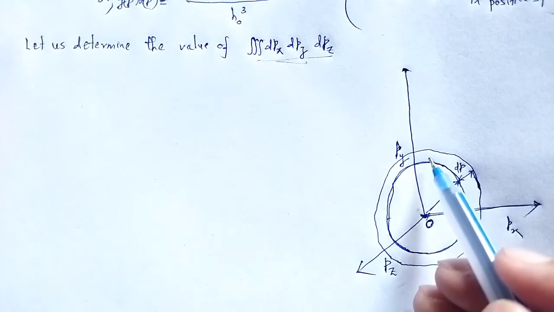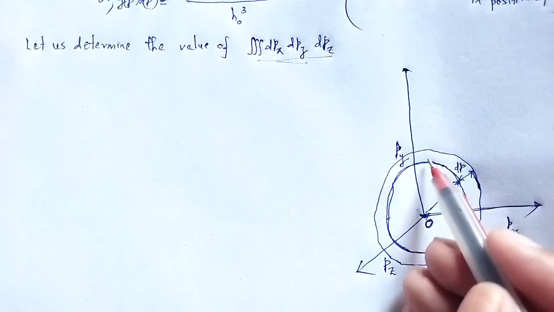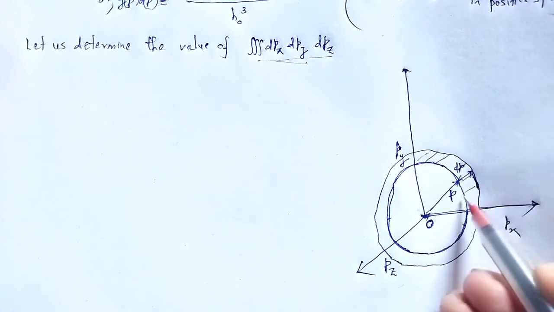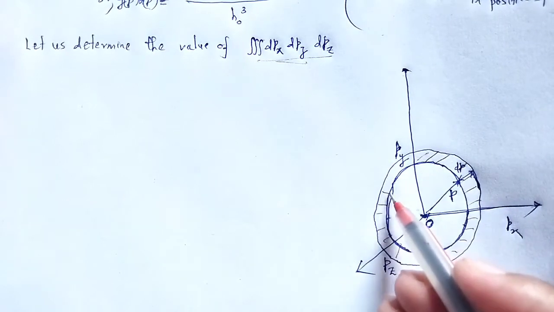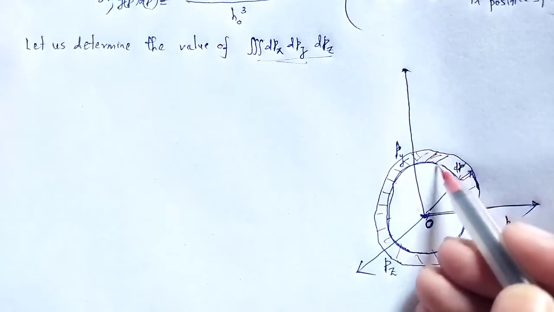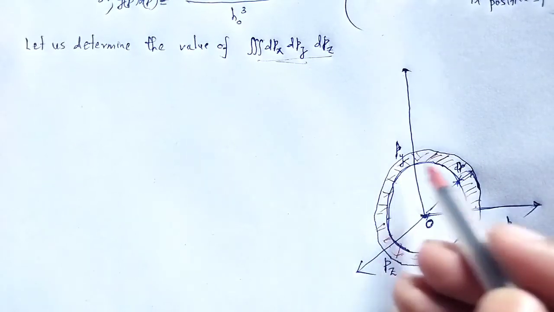Then the volume of these elements is the triple integration of dpx, dpy and dpz, the volume within this.